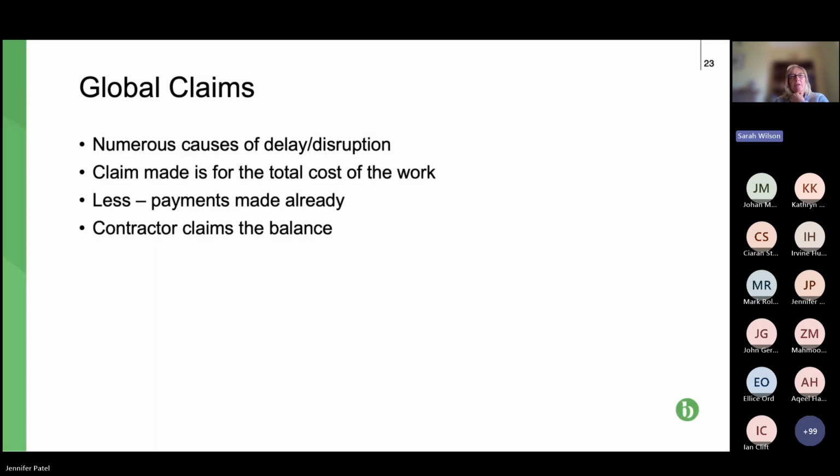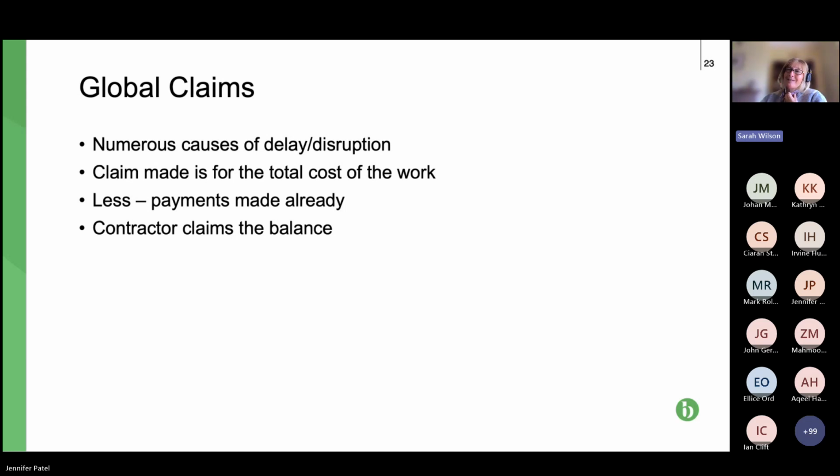So you often see reference to global claims. So what is a global claim? Well, that could be a situation where you bring a claim for delay regarding numerous causes of delay or disruption. So basically you're saying this project cost me X, my fixed price, for example, is less than that, and therefore I'm claiming the extra because of the delay and the disruption.